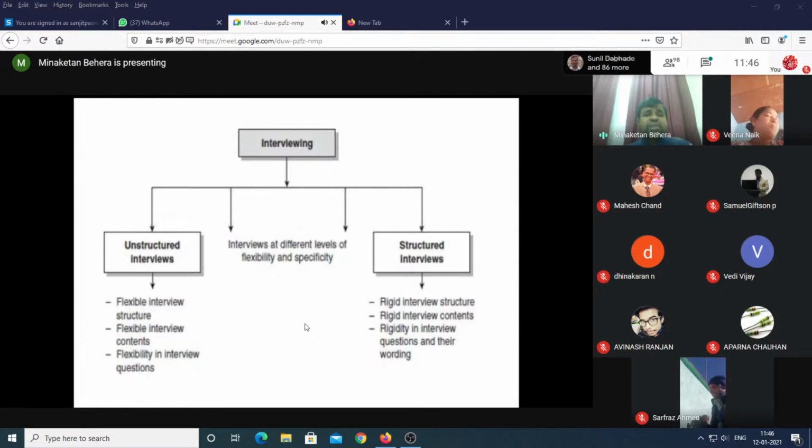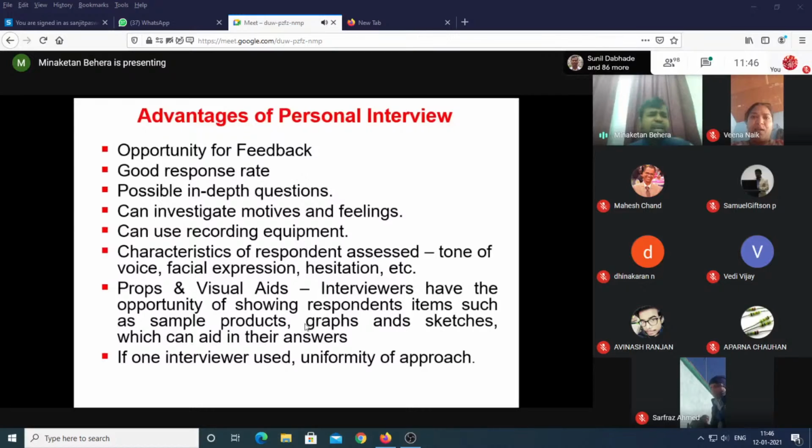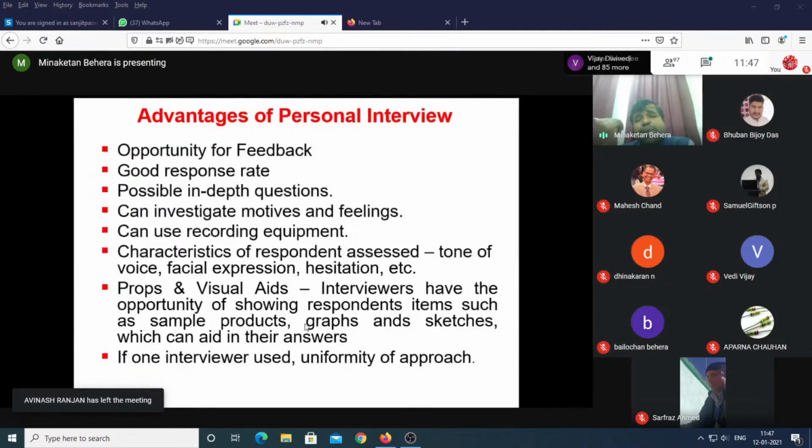These are the main points you have to take care of. In the case of a questionnaire, there is a possibility that no one is there to provide feedback. But as a researcher in the field with a face-to-face interview, whatever doubt the respondent faces, you will be able to answer. That is one of the positive points. Similarly, the response rate is very high in an interview, whereas the response rate is very poor in a questionnaire.